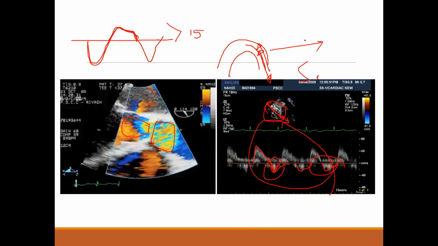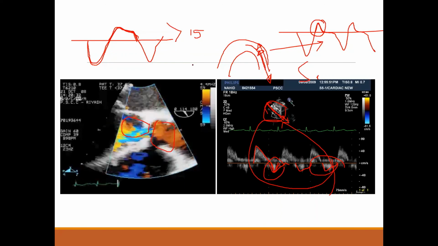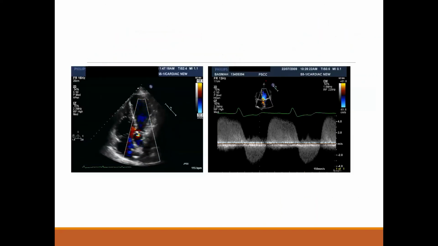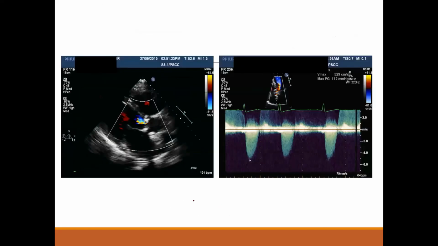But if you have forward flow like this and diastolic flow like this, this is not pan-diastolic reversal, and when you do the TVI you will find it 8, 7, something like that. That does not mean we have severe AR. So remember this, diastolic reversal. Okay?